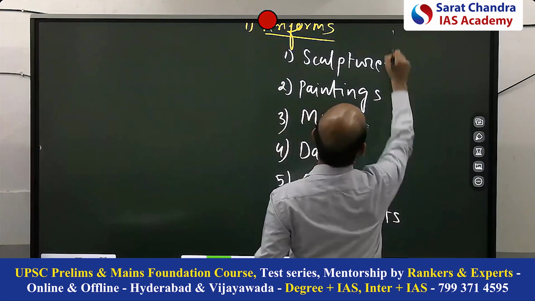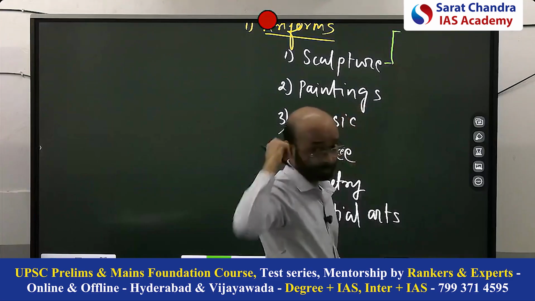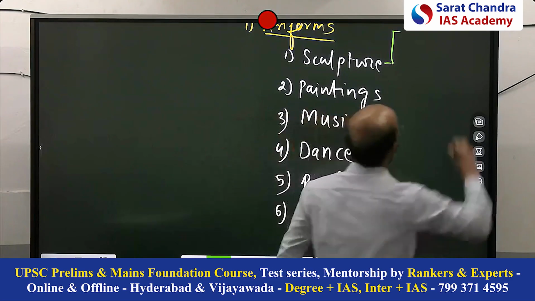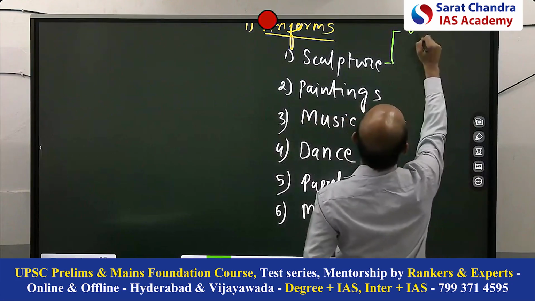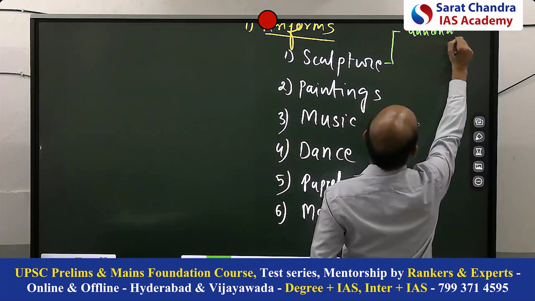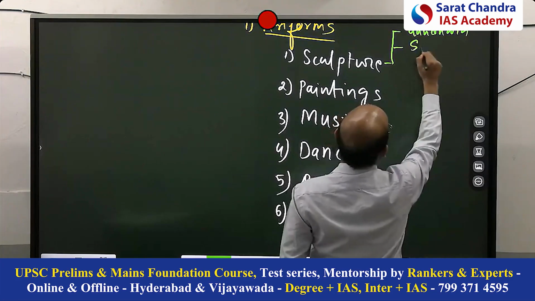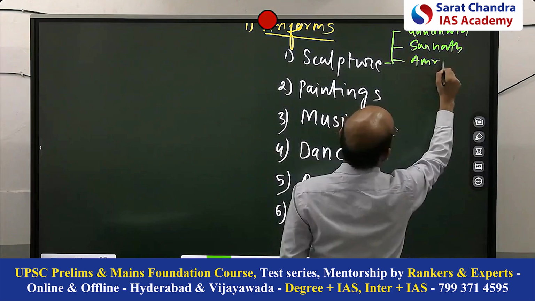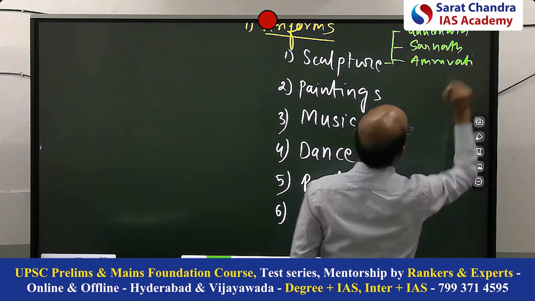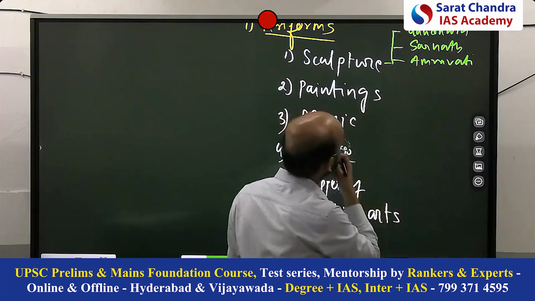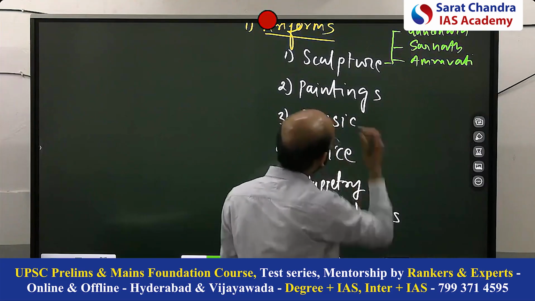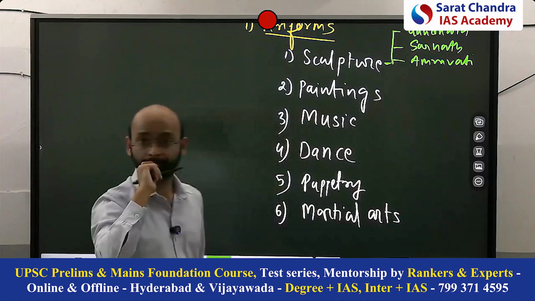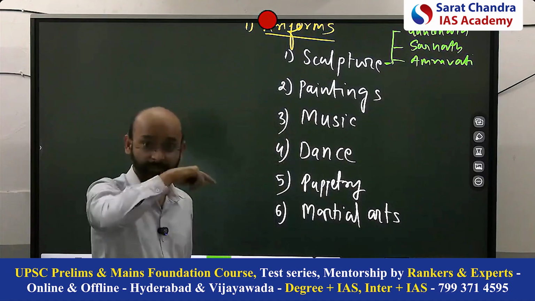Sculptures, remember, there are different sculpture groups also. 3 schools, you know? One is the Gandhara school. Please keep this in mind. Sarnath, Amravati, the Mathura school is also there. So these are the schools of sculptures. You mention the keywords.